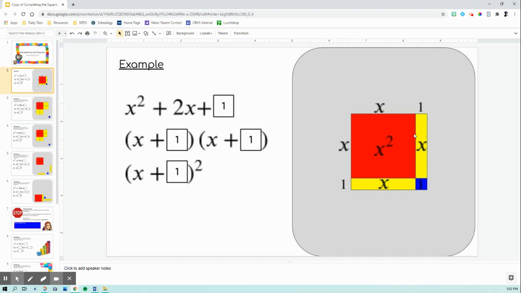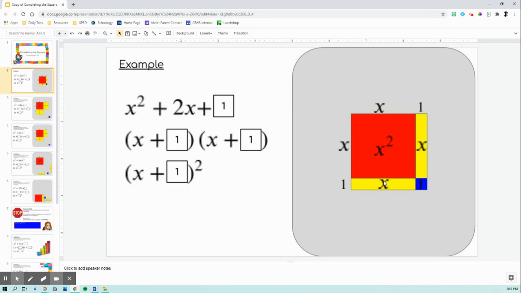So if we go to slide 2, this is just an example problem that's been done for us. Looking at our algebra tiles, our red algebra tile represents x squared, so it has the length of x and the width of x. Our yellow tiles represent just x, so it has one dimension that's equal to x, and the other dimension is equal to 1.